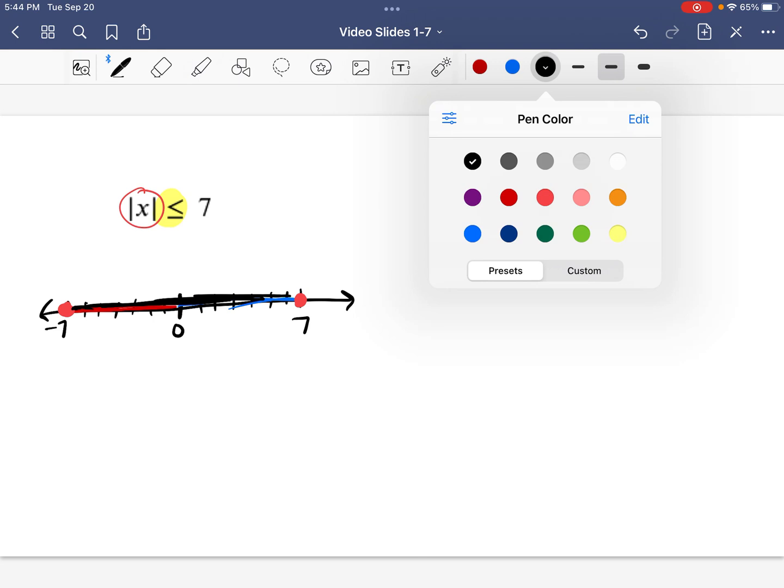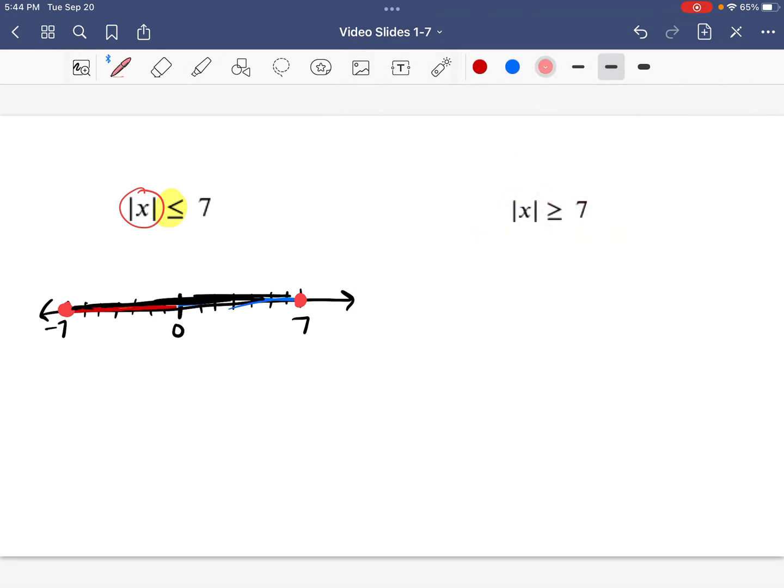All my possible solutions are right here. Let me actually make that pink. These are the numbers where my distance from 0 would be less than or equal to 7. You could test out a few numbers. If I chose the number 1, is the distance from 1 to 0 less than 7? Yeah, it is.